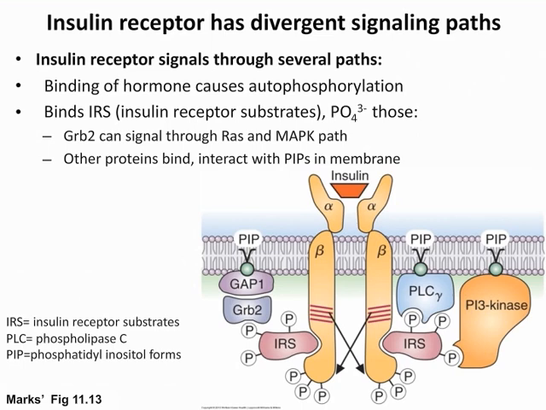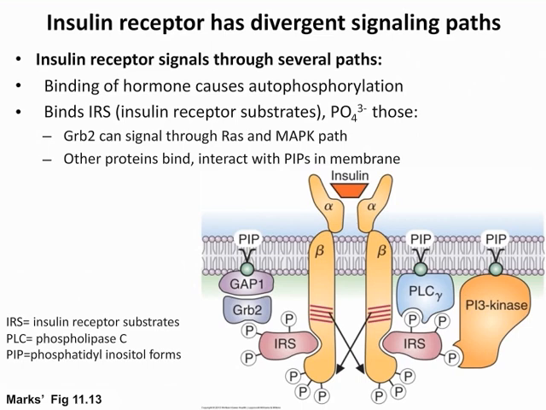Binding of the hormone causes autophosphorylation. So insulin binds to it, and the beta subunits, if you look at the arrows, are going to phosphorylate each other. Once that occurs, it's going to activate binding sites for IRS, which stands for insulin receptor substrate. This activated receptor kinase phosphorylates IRS multiple times, which allows certain binding sites to bind other proteins.